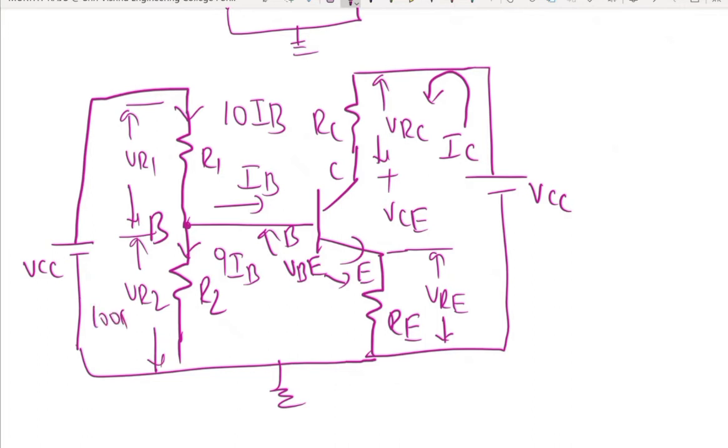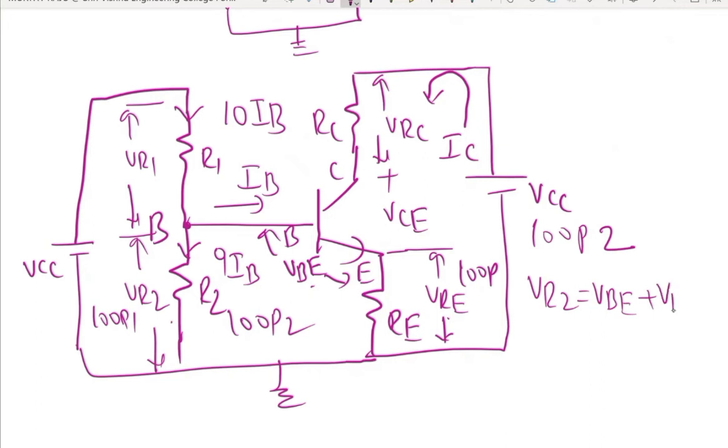This one is loop 1, loop 2, and loop 3. Loop 2 consists of VR2, VBE, and VRE. Loop 2 equation is VR2 is equal to VBE plus VRE.